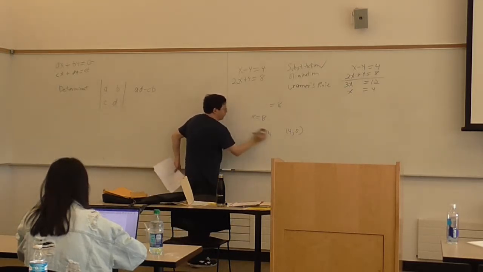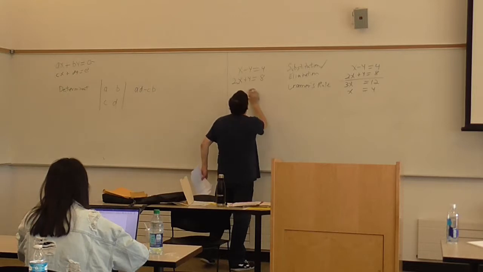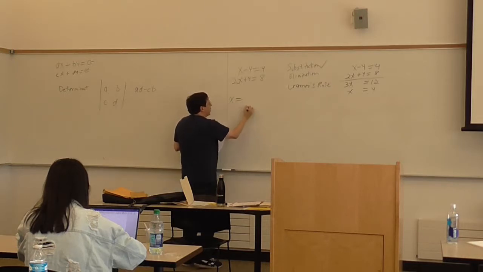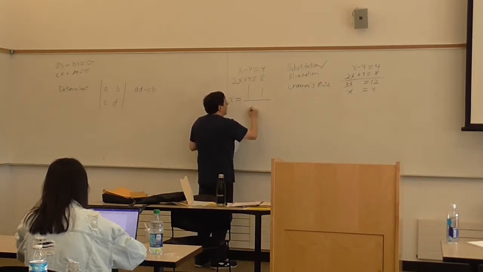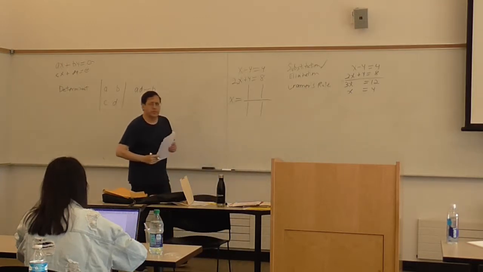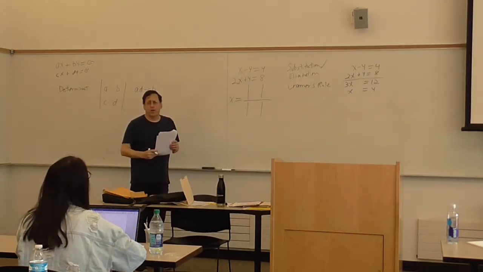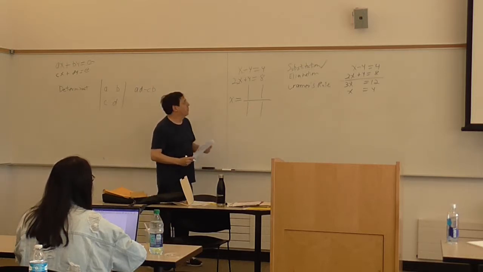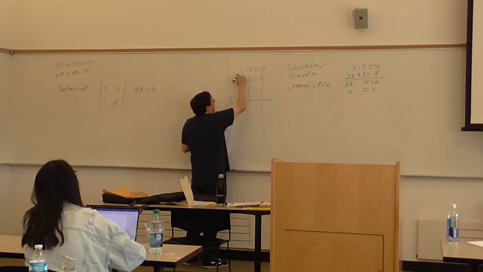Why did I bring that up? Well, Cramer's rule is a formula for the solution. It says x equals, the solution is one determinant over another. I'm going to show you how you get the bottom determinant first, because that's the easy one. I put my equations in this form, ax plus by equals c, and so forth.